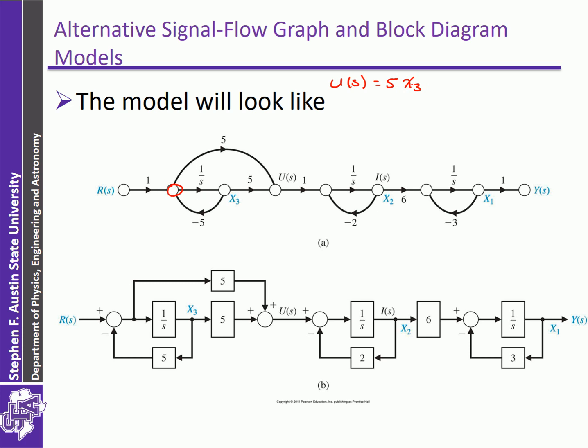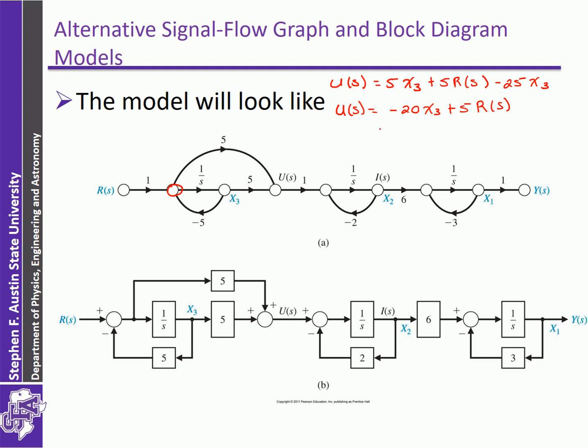So we're going to have plus 5 r of s minus 25x3. Now that we have it like this, we can say u of s will be equal to minus 20x3 plus 5 r of s, okay?